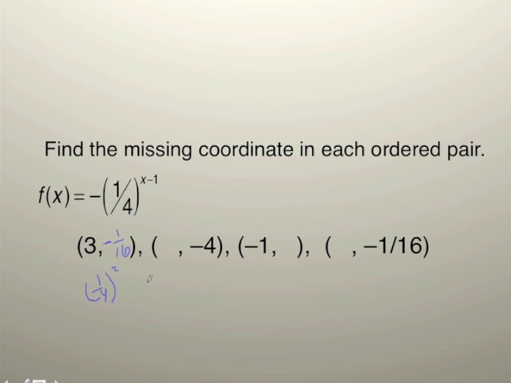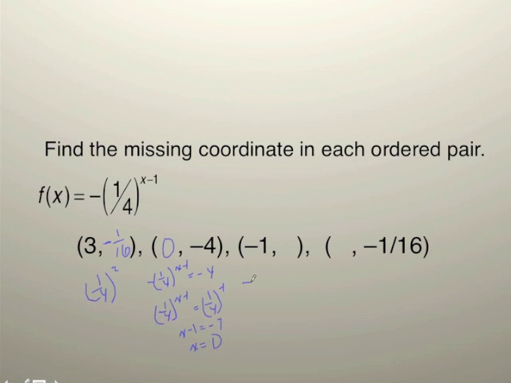Here we have negative 1/4 to the x minus 1 equals negative 4, which would be, multiplying each by negative, 1/4 to the x minus 1 equals 1/4 to the negative 1. x minus 1 equals negative 1, so x equals 0.